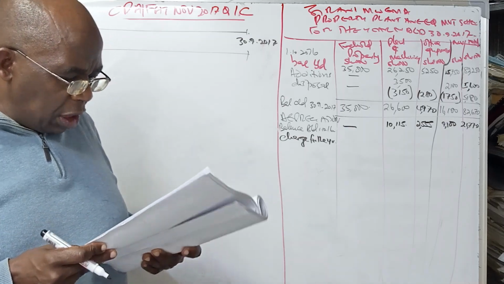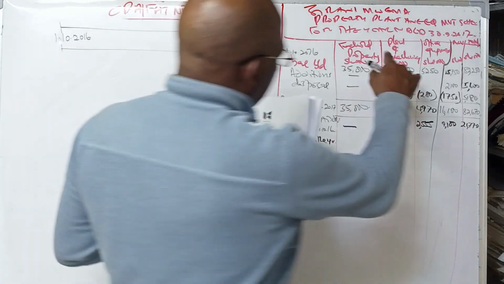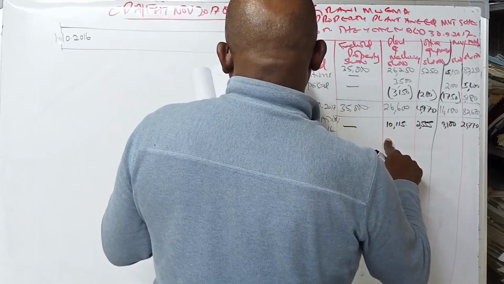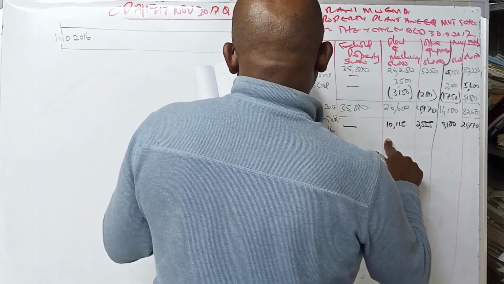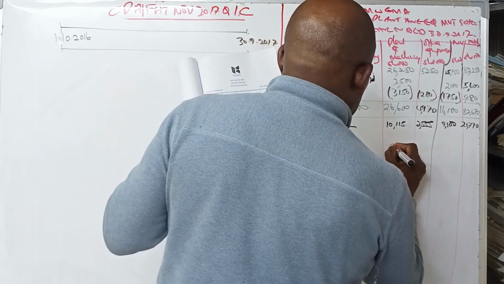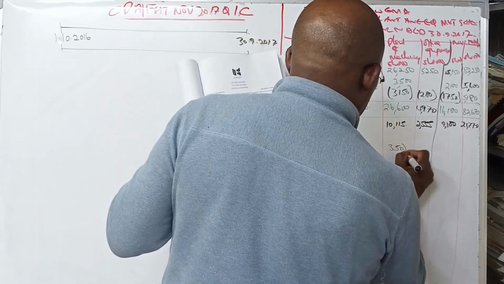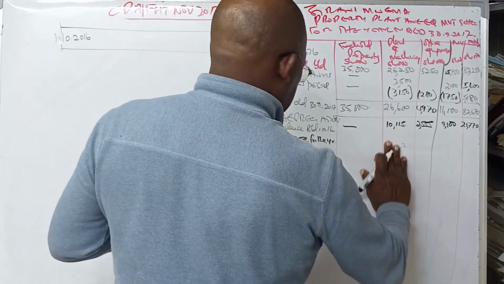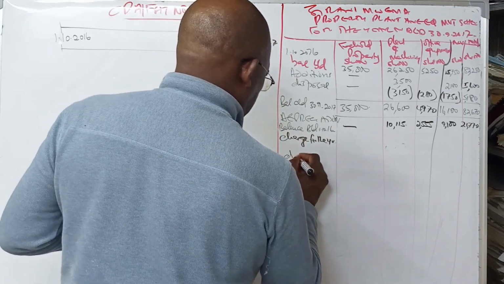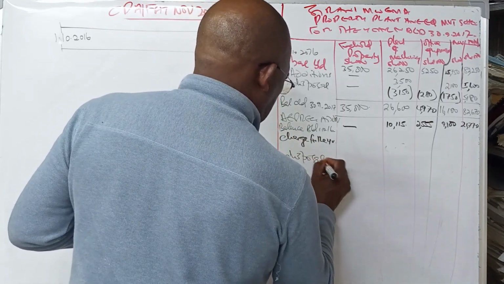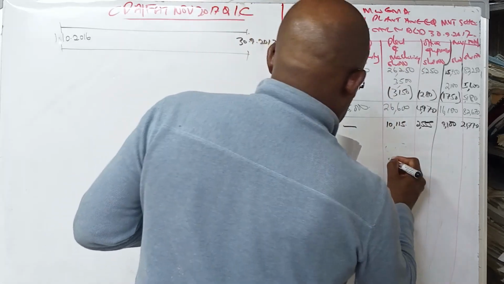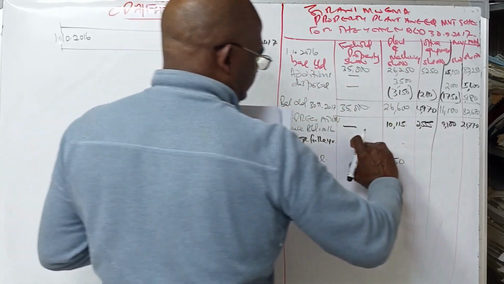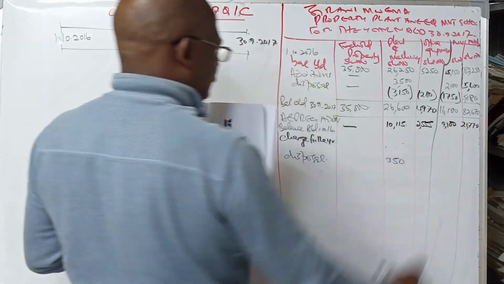So we disposed of machinery, and it had an accumulated depreciation of 350. So we subtract 350. At plant and machinery, we are disposing 350. I have left the line for the charge for the year.